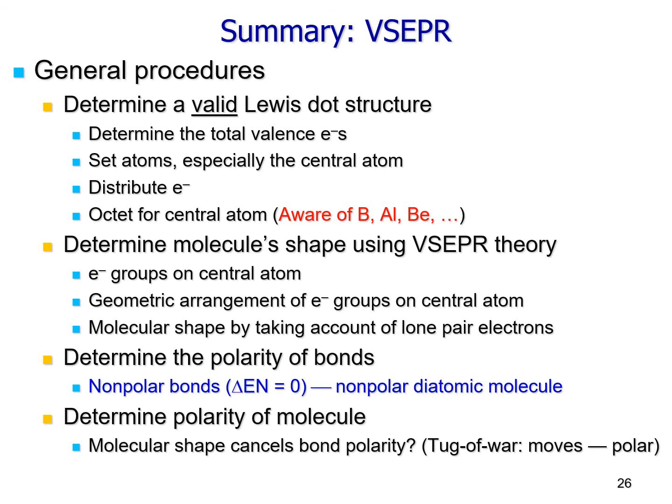That means not only do we have to count the polarity of the bond, we also need to count whether the molecular shape can cancel the polarity of the bond. The best way for us to do it is using the method that we call tug-of-war, to see whether the center is going to move. If the center moves, the compound is polar.